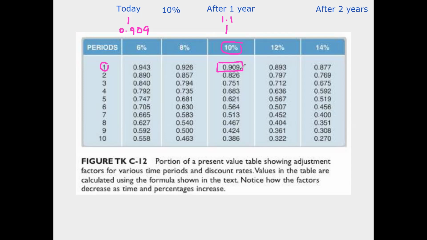Okay, given that information, I'm going to ask a question. Give me the answer. To get $1 after 10 years with the interest of 12%, how much do I have to have today?